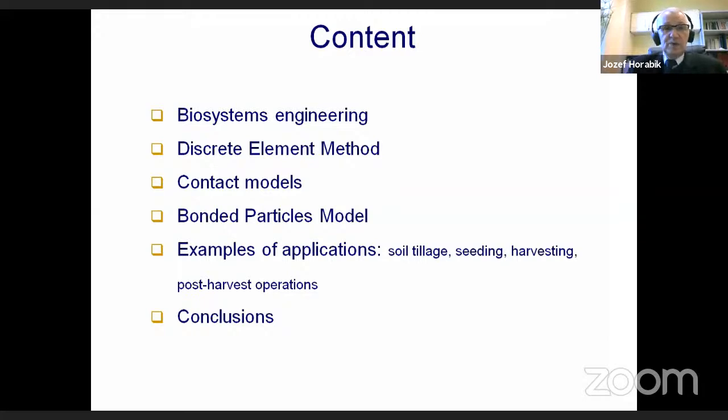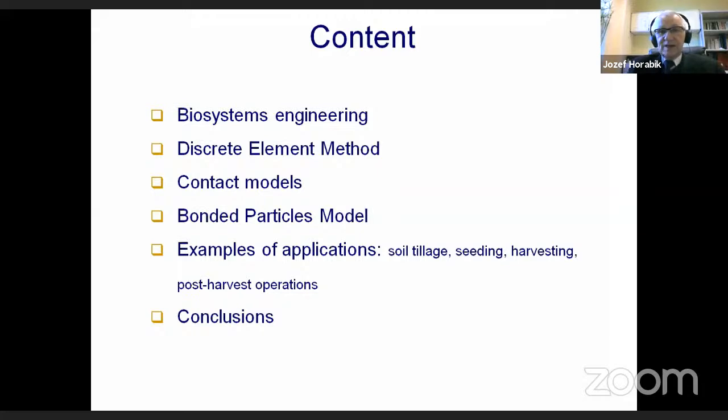Simulation starts with setting the initial position and initial velocity of the particle. Next, contact detection is performed. This is a very time-consuming procedure, as it increases with the number of particles to the power of 2. Therefore, very advanced methods were elaborated to reduce the computational time.